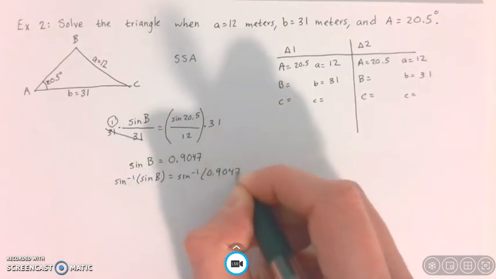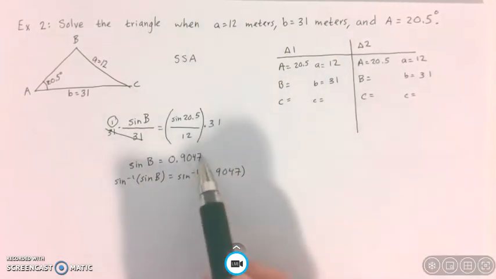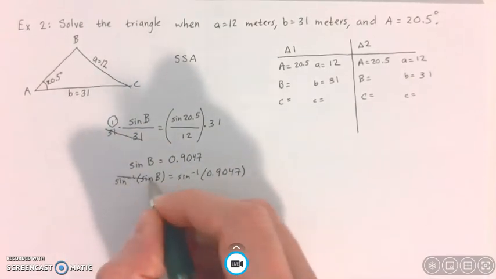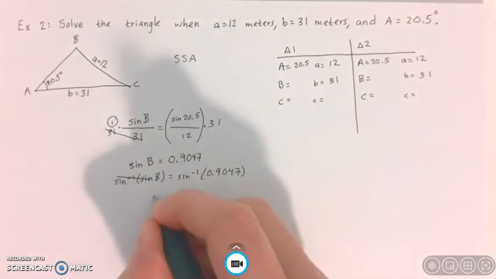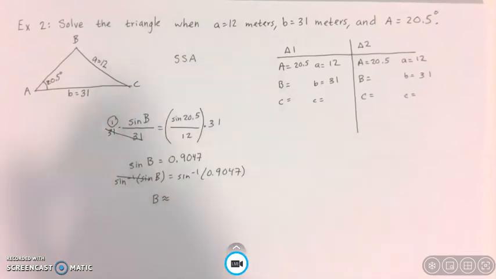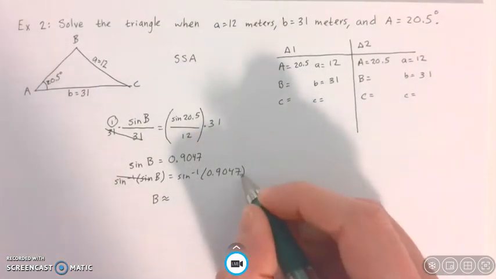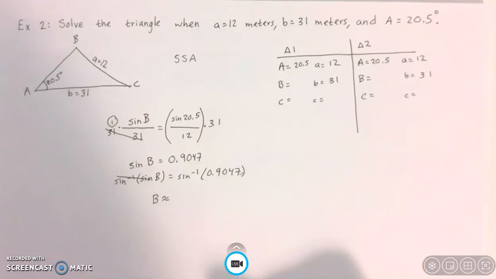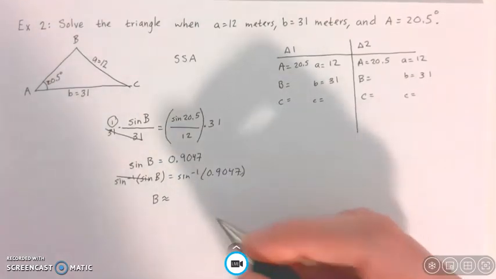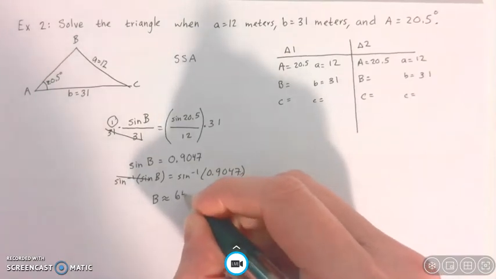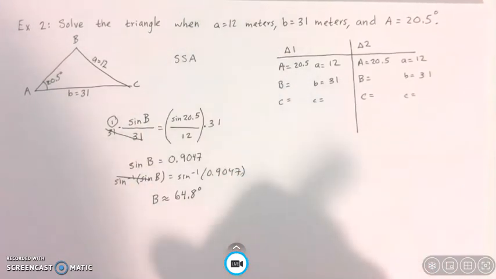Now, to get the most accurate answer, make sure that you're copying this entire value into your calculator. We know that those signs will cancel out, and when we plug in sine inverse of this entire decimal, just copy and paste that from your calculator, we get B is approximately 64.8 degrees.